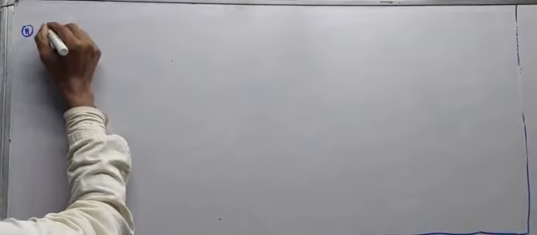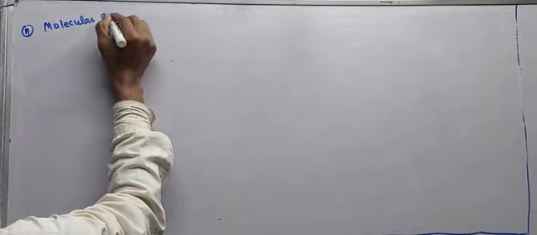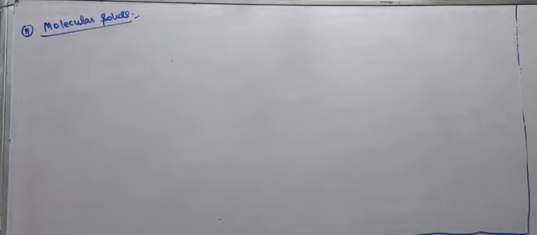Number second type of crystalline solids are molecular solids.